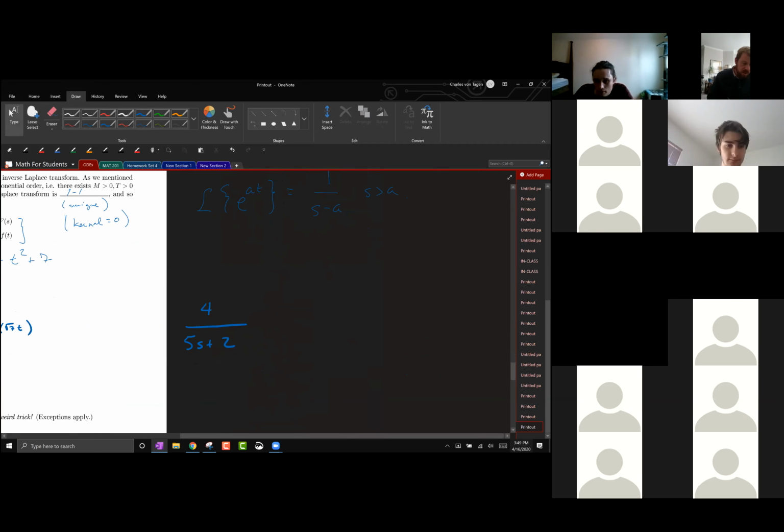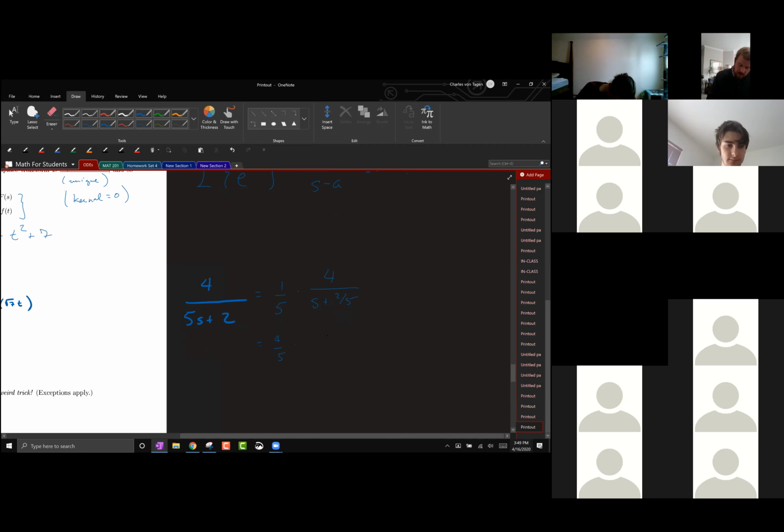Well, notice I don't want a 5 there, so let's factor that 5 out of the entire denominator. That gives me 4 over 5 times s plus 2/5. And we don't want a 1 in the numerator, so that gives us 4/5 times 1 over s, and here I'm going to rewrite this as minus minus 2/5.